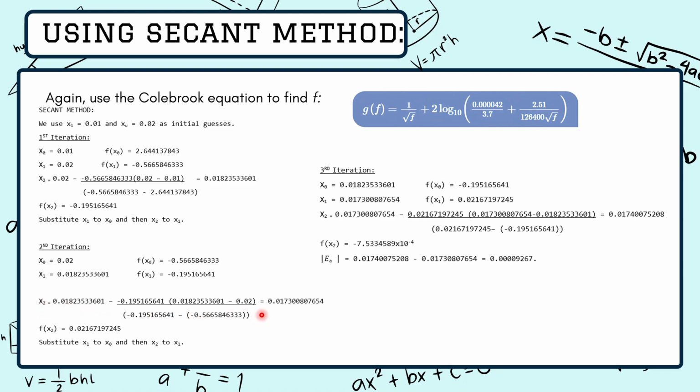Then we get this value and plug it into this equation. Then we get this function of f of x sub 2. Then we repeat the process from the first iteration to the third iteration. After the third iteration, we get the approximate error of 0.009, which is a really small error.